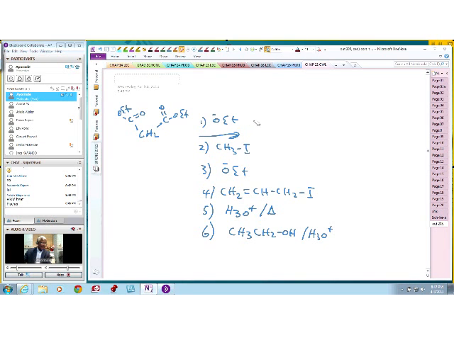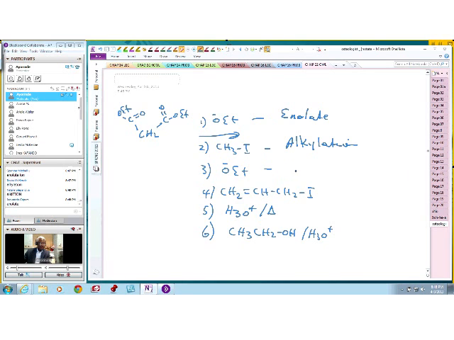Step 1. What does step 1 do? Can anybody tell us? Just write for me. Enolate anion. Very good. What about step 2? Alkylation.